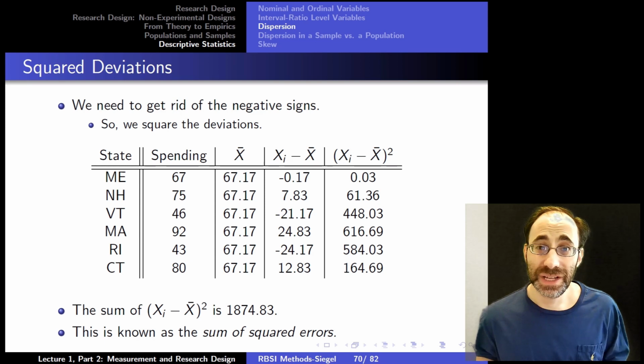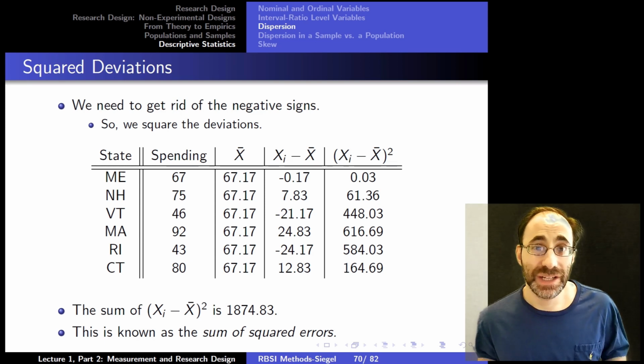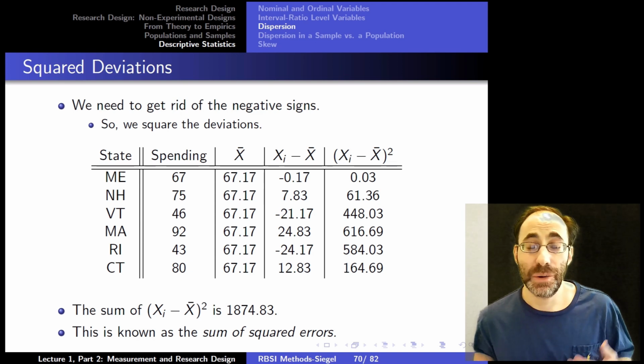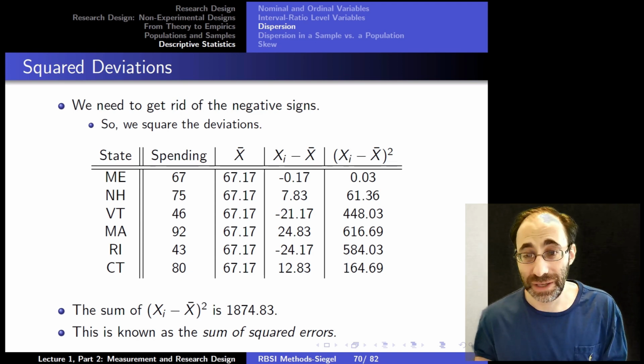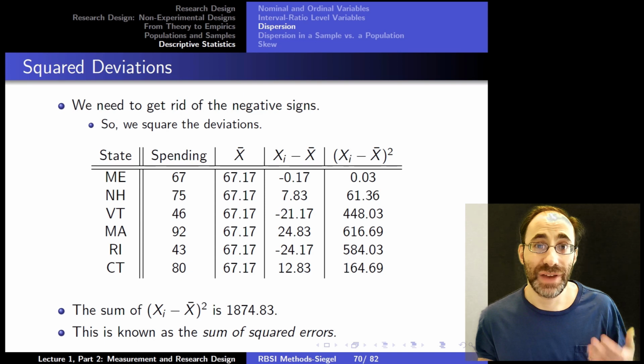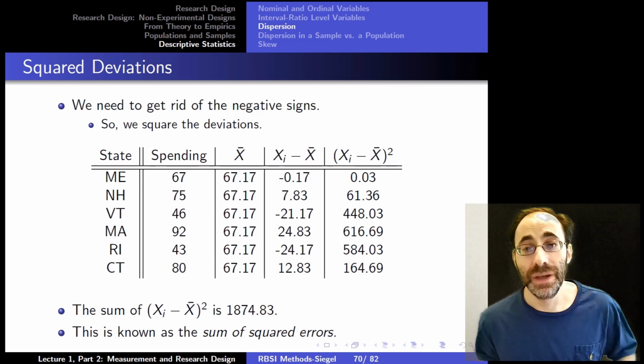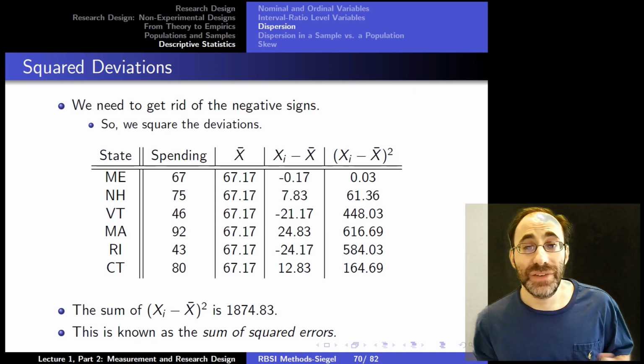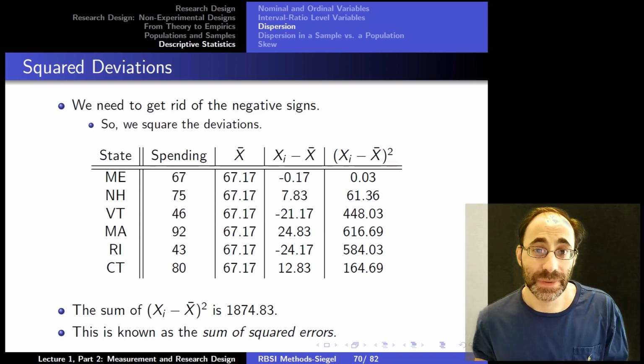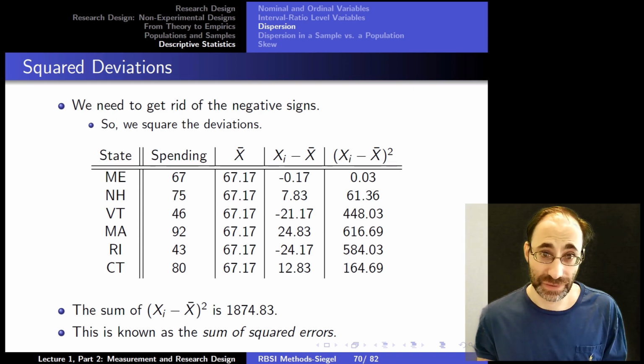They're called errors because in this case, x bar is the expected value of x. It's the first pass model of what we would expect the value of x to be if we were to just choose a value of x at random from the population as a whole. Because of that, any deviation from that first best guess is going to be an error from our model effectively.